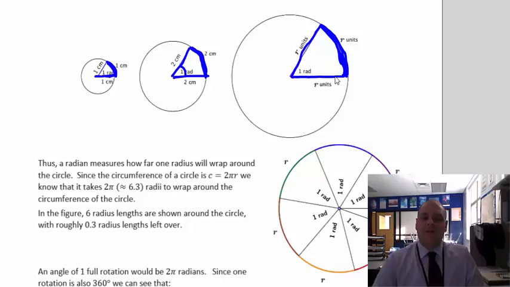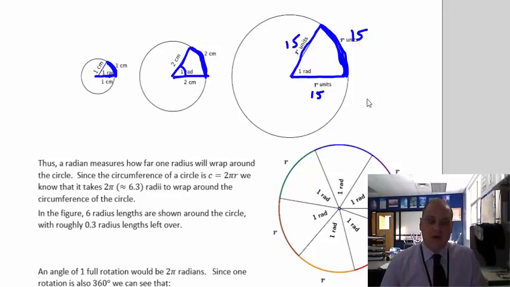I don't know what r is. It might be 5 units, then this is 5 units. It could be 15, then this would be 15, and this would be 15. It doesn't matter what the measure is. The point is, when the length of the radius is the same as the length on the arc, that space in here, which is known as an angle, the measure is 1 radian.